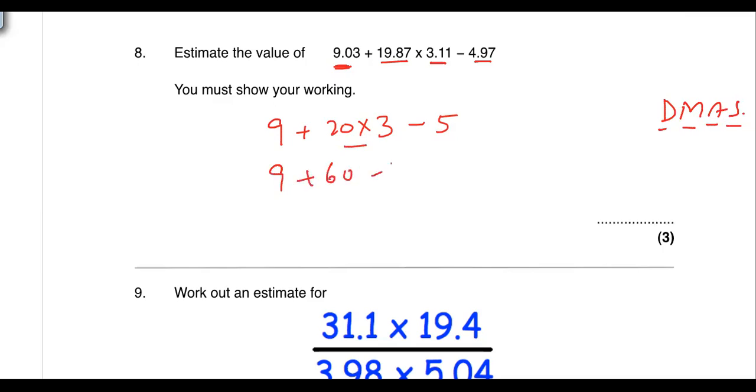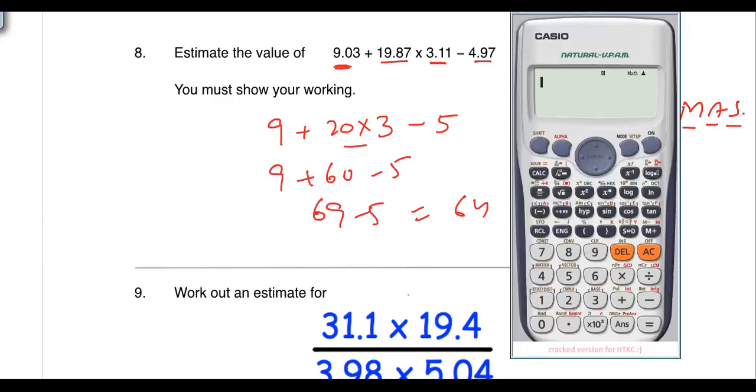So of course, that will be 9 plus 60 minus 5, then 69 minus 5, that will be 64. Follow the DMAS rule. A modern calculator actually calculates directly with the DMAS rule. If I enter 9 plus 20 times 3 minus 5, it will give you the answer, so a modern calculator calculates it in this way.